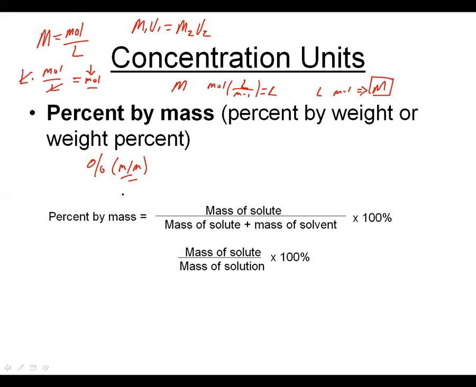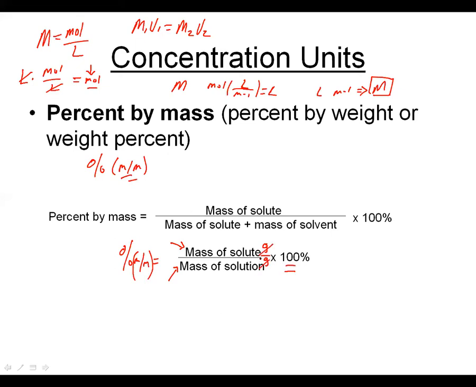The percent mass to mass is the mass of the solute divided by the mass of the solution. So we're basically taking grams divided by grams, and then you multiply it by 100%, and you get a percentage.